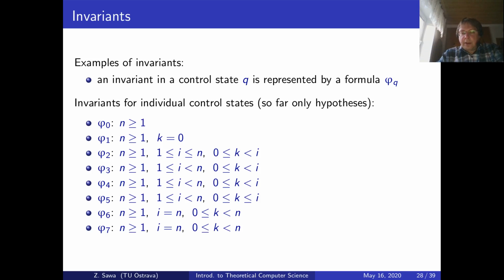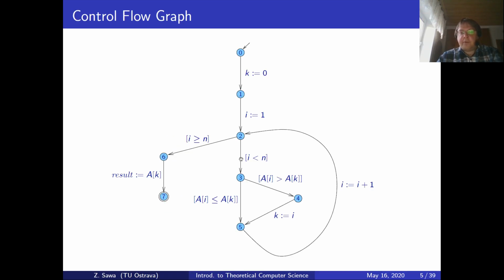So these were just examples of these two edges, but if we did the same thing for each transition in the given control flow graph, we would check that these invariants are really correct.